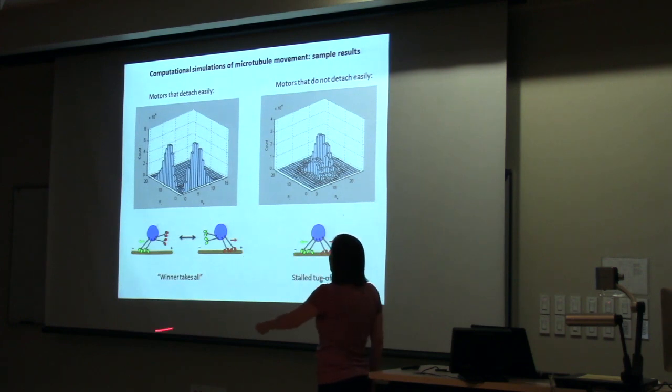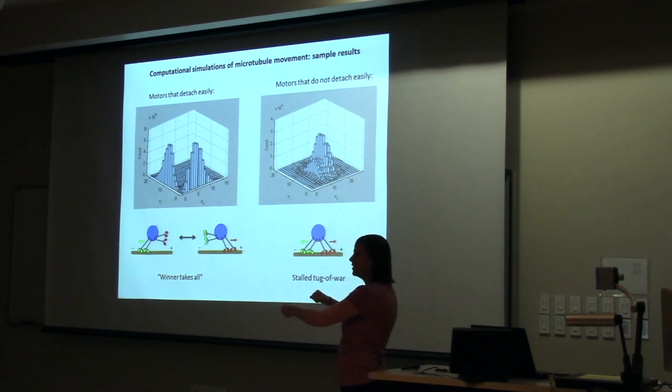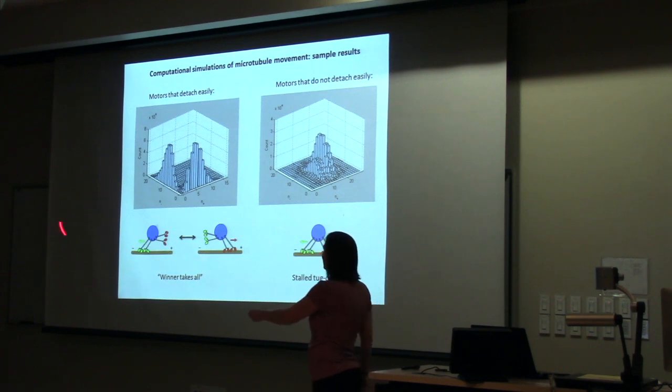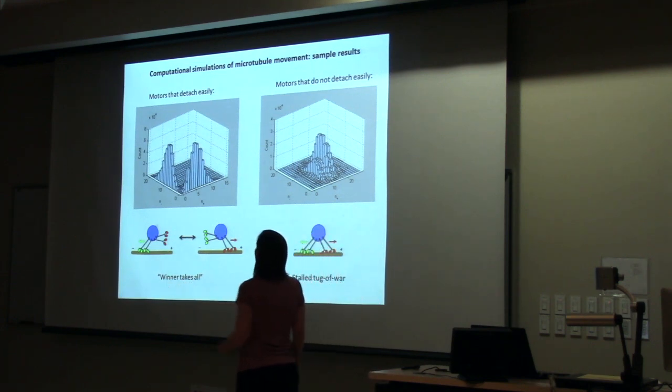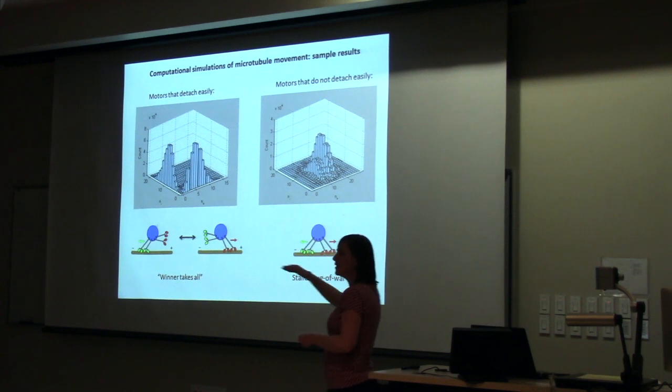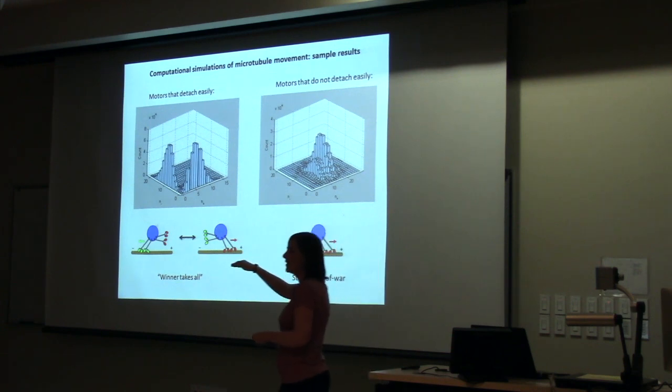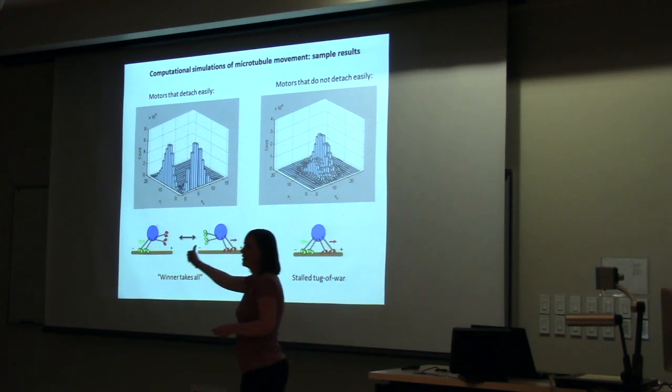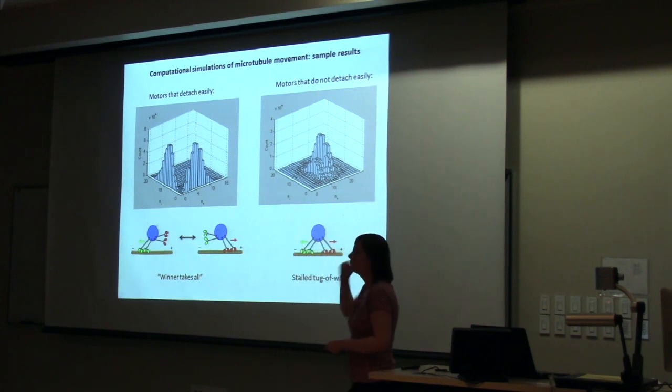And so we're in kind of a winner-takes-all scenario, where once one team starts to win, it takes over, everybody on the other side gets detached, and they take off in one direction. So this regime would be characterized by movement of the microtubule that goes a long way in one direction, very brief pauses, and occasionally would turn around and go a long way in the other direction.